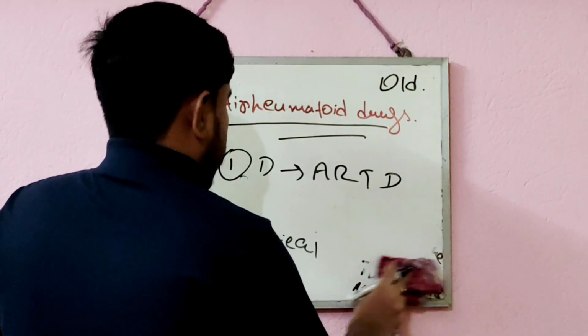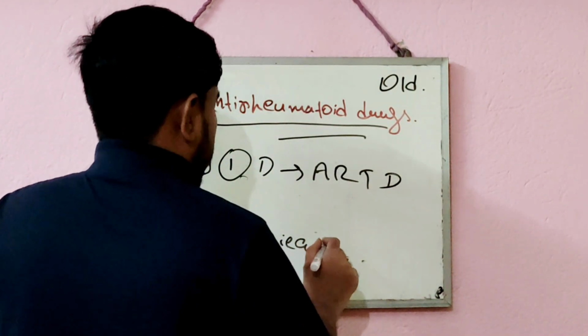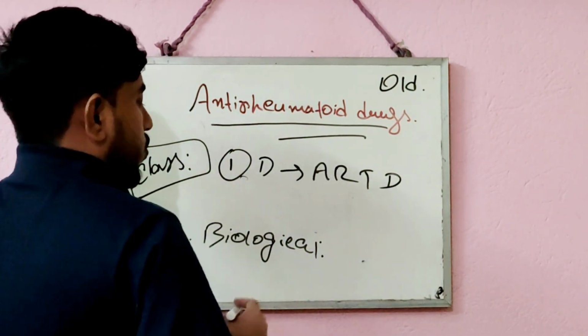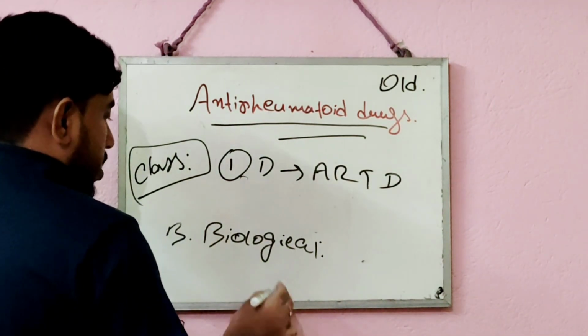These are the examples of non-biological disease-modifying anti-rheumatoid drugs.